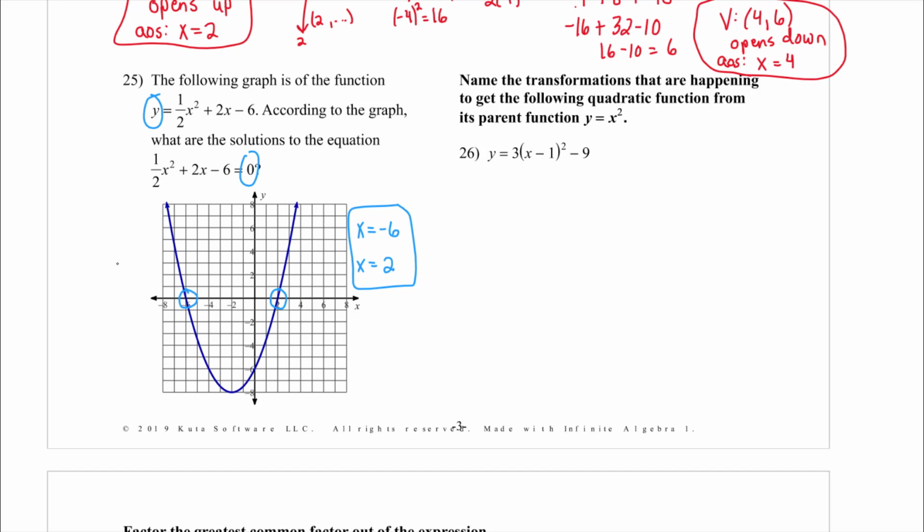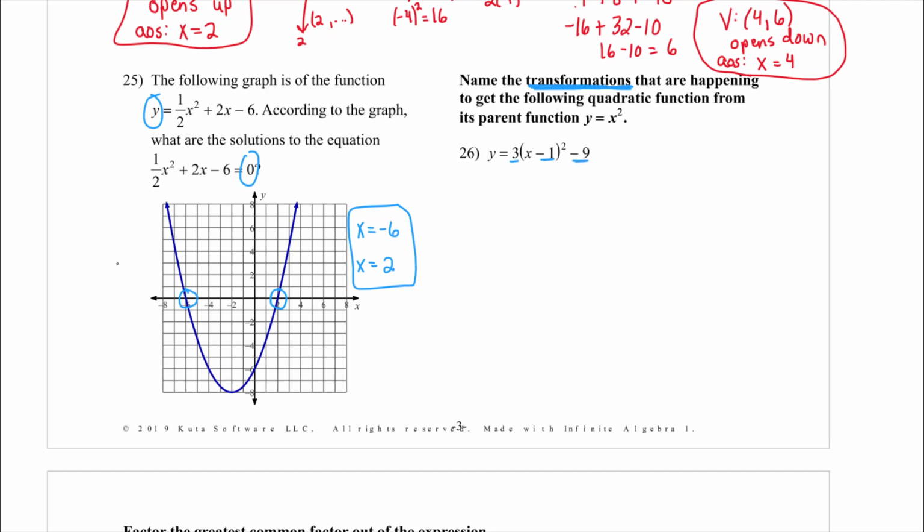26 is tricky if you're having trouble with graphing because of this idea of transformations. If you're using a table of values, instead of thinking about the transformations to graph, then you'd want to try to come up with this separately. The idea that this has an effect, this has an effect, and this has an effect.